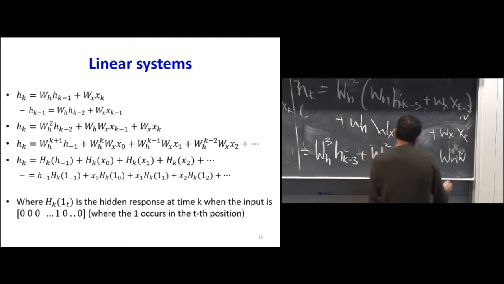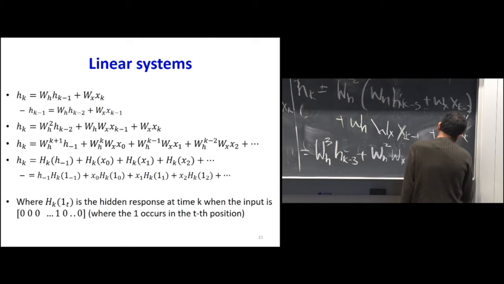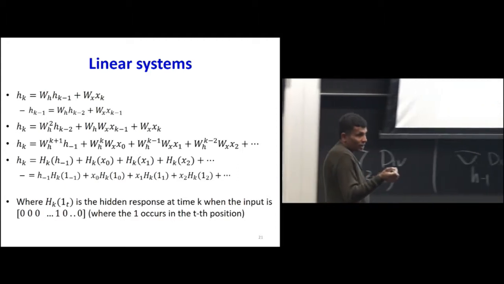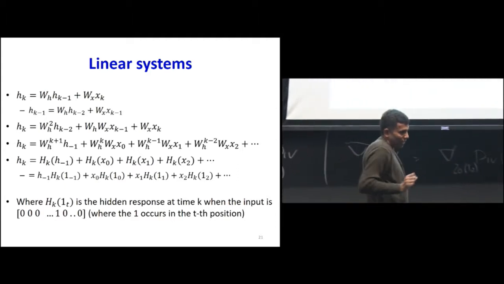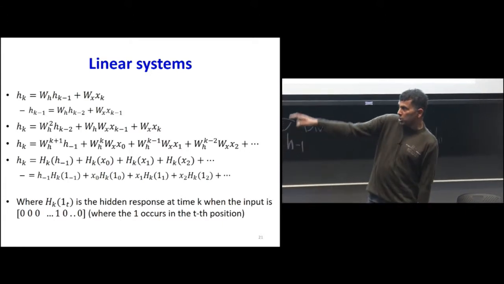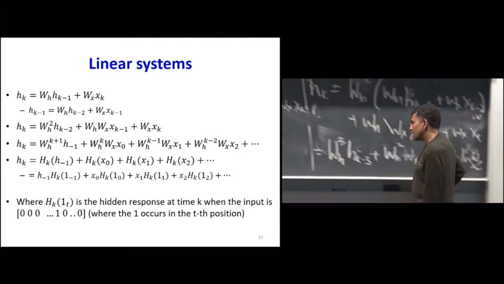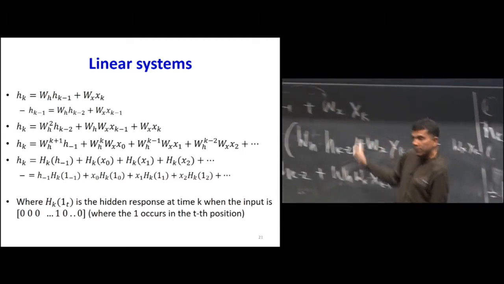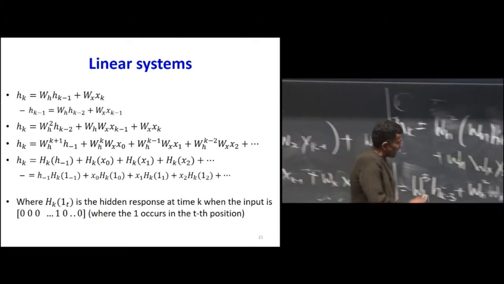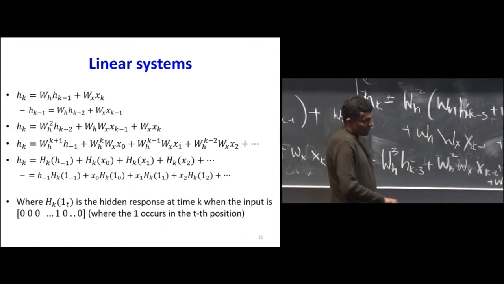WH, WX, XK minus 1, plus WX, XK. So you can see how I can write this recursively, in terms of previous values. Although the original equation is nice and tiny, what eventually happens is that I can keep pushing this hk minus 3 backwards.